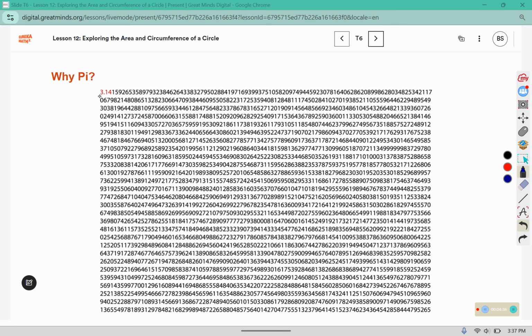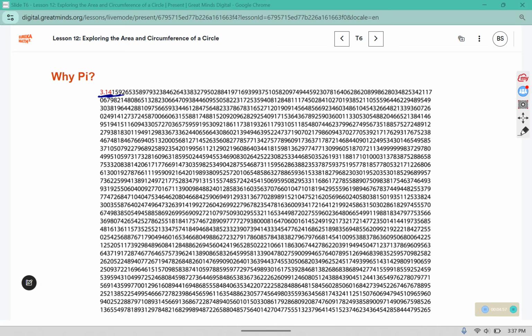You can see it starts with our approximation, but then it continues on and on and on. There isn't any pattern to the numbers, and it continues forever.